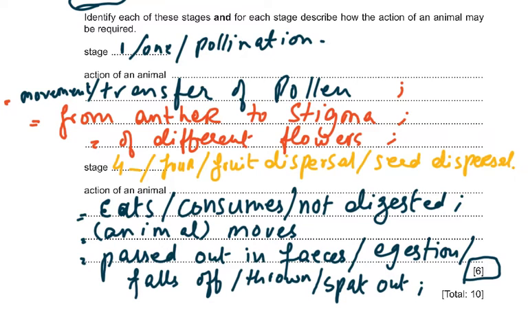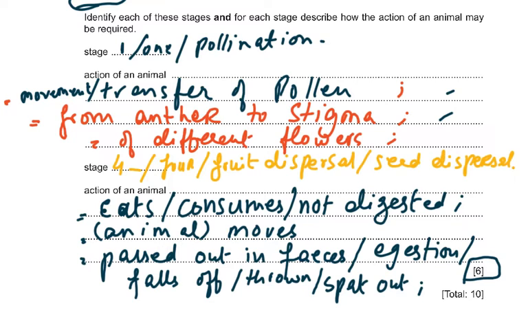So that's the first mark scheme point: from anther to stigma, and of different flowers. Like if you have a red rose bush and a white rose bush, the pollen is transferred from the red rose bush to the white rose bush. Then the second one was stage 4, in which you could have said fruit dispersal or seed dispersal.